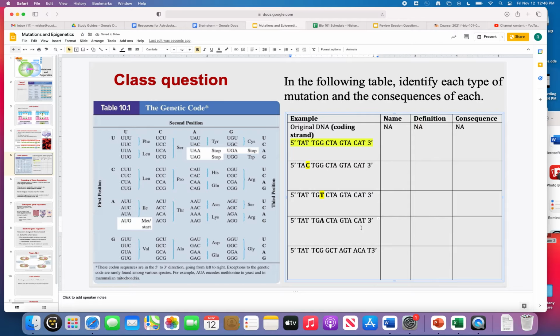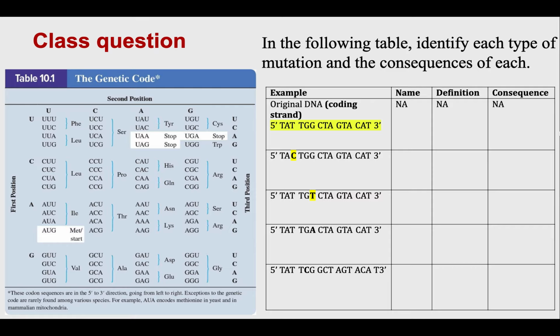All right, let's start with the very first one here. What type of mutation would this lead to? What's the first, let's see, TAC. Let's go to the original strand and start there.